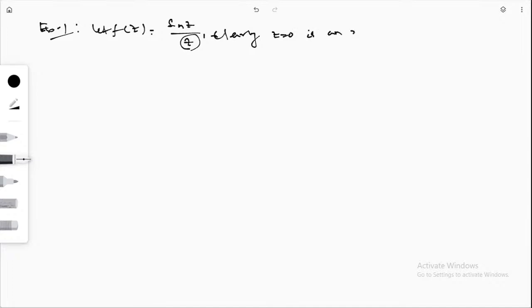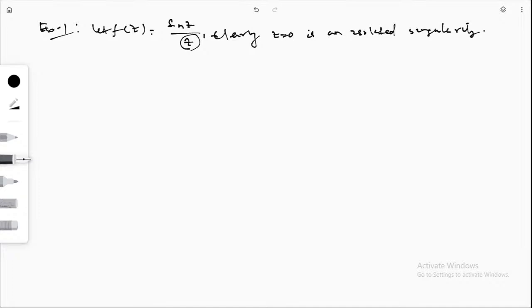Consider an example. Let my f of z be sin z divided by z. Clearly z equal to 0 is an isolated singularity, because at z equal to 0 the function is not defined.